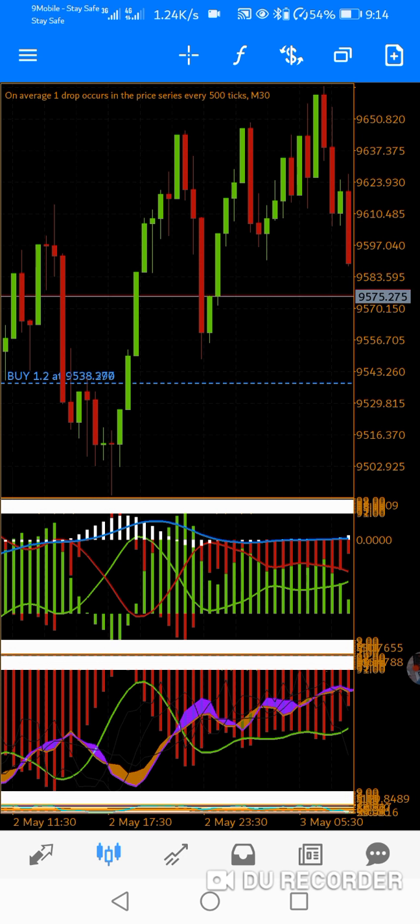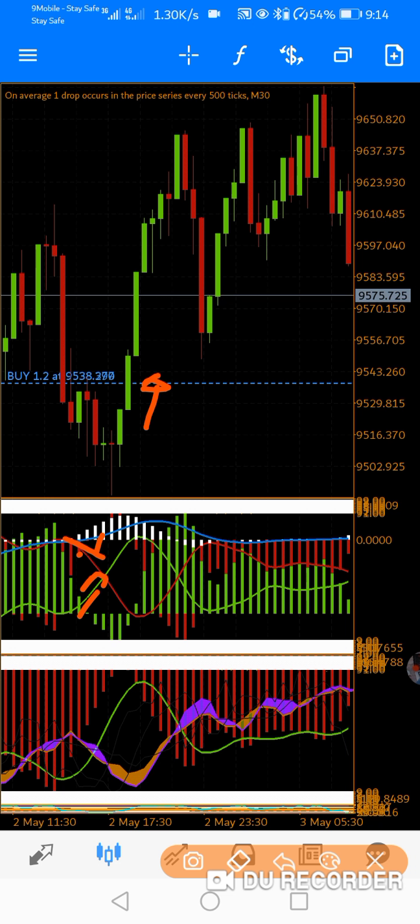Now look at it. If you want to buy, this is M30. How do we buy? First of all, you make sure that the signal that is coming carries a halo. The halo means a lot, you understand? The halo means this market has already moved in a particular trend.